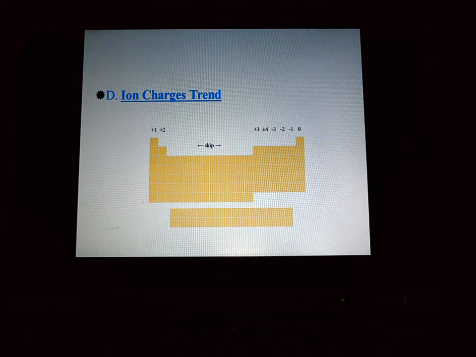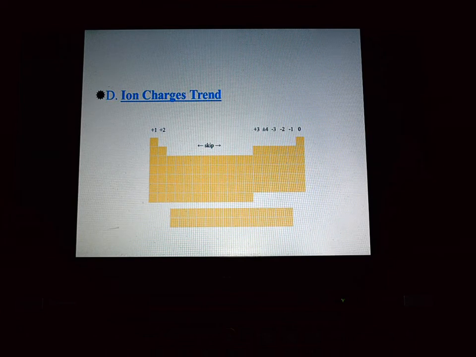We skip the transition metals. That's that big block that you colored all the same. That's the one that has all of our expensive metals like gold and silver and all of the metals that we use for electronics, copper, wiring, and so forth. So we skip that area because they don't follow the pattern. And then once we get over to boron and aluminum, they all become +3. Carbon, it's hard to read there, but that says ±4.